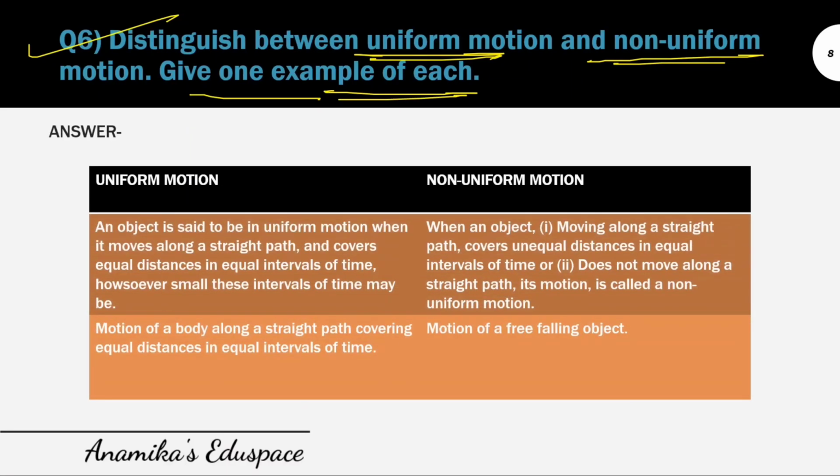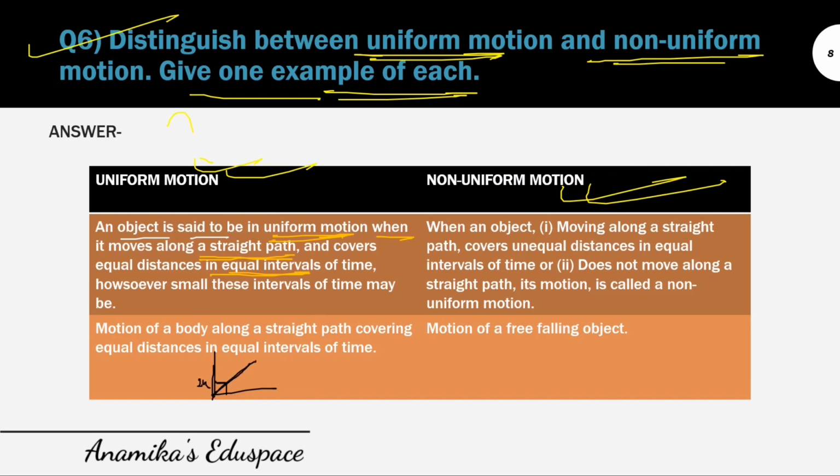Answer. Uniform motion, okay? And non-uniform motion. So what is uniform motion? An object is said to be in uniform motion when it moves along a straight path and covers equal distances in equal intervals of time. So if I take a graph to make you understand, uniform motion will be like this.